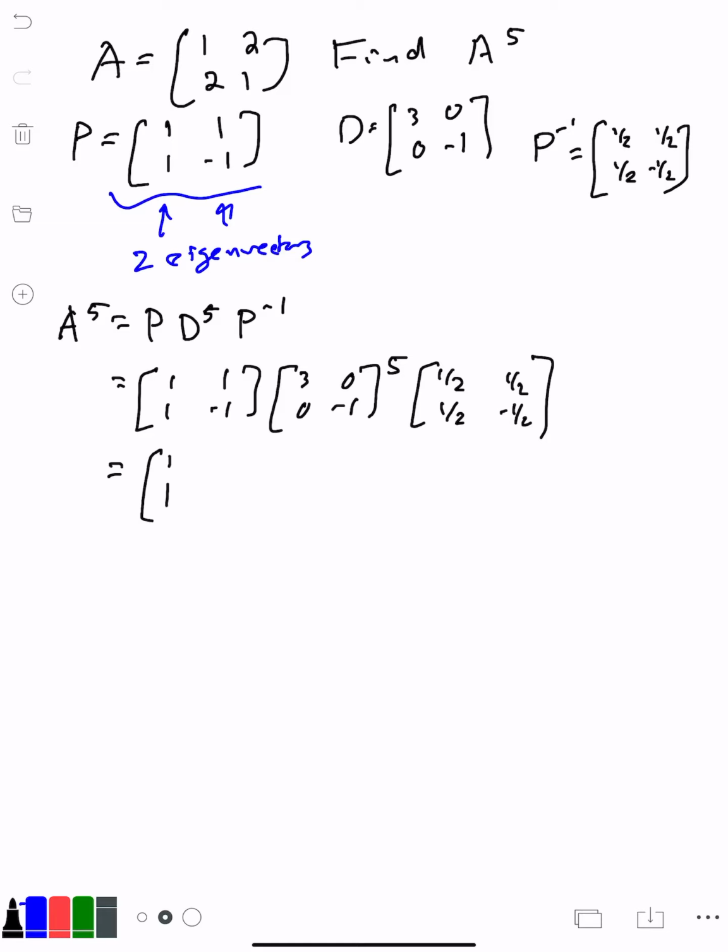And again, we can work out the diagonal to the power pretty easily. 3 to the 5th power is 243. -1 to the 5th power is -1.